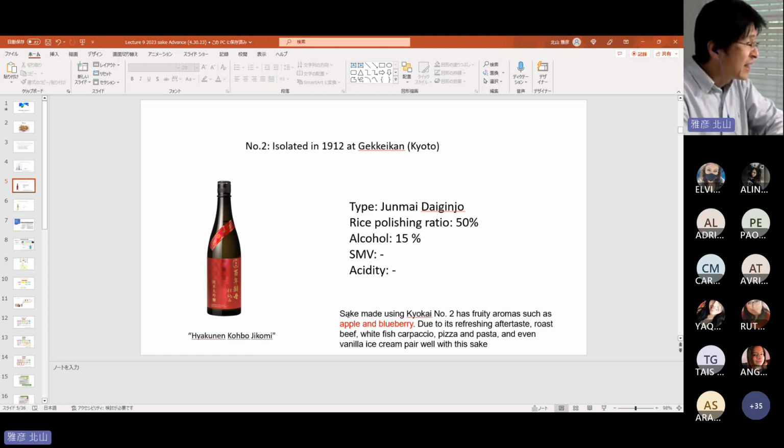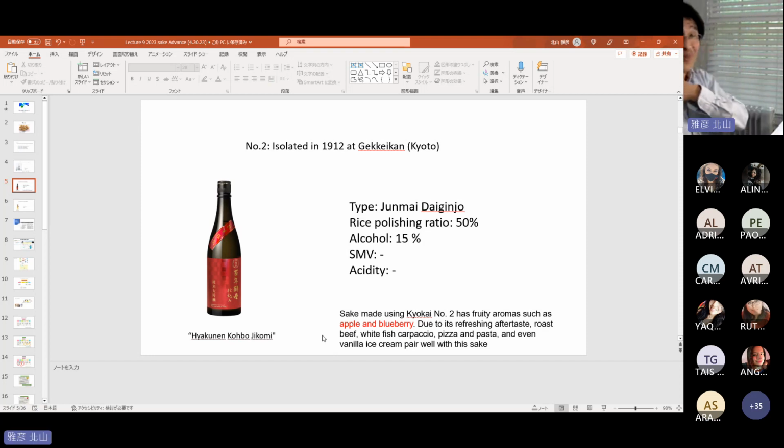This is the comment they gave me about this sake. Sake made by number 2 yeast has fruity aroma, such as apple and blueberry, and a refreshing aftertaste. Roast beef, white fish carpaccio, pizza, pasta, and even vanilla ice cream pair well with this sake.